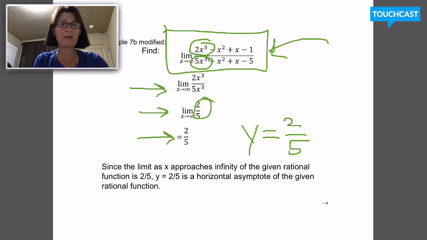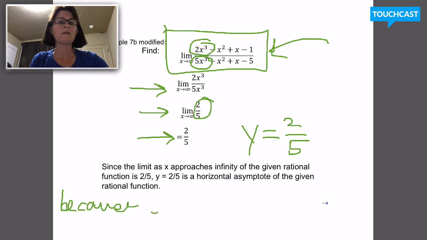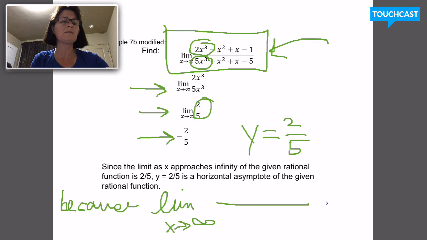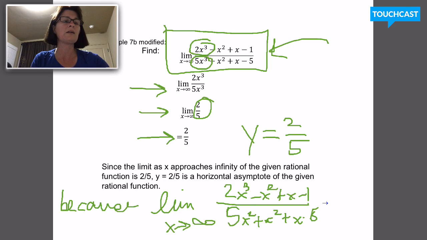And I would expect you to be able to write out a justification. So let's just practice. I would say because the limit as x approaches infinity of that function, 2x cubed minus x squared plus x minus 1 over 5x cubed plus x squared plus x minus 5, equals 2/5.